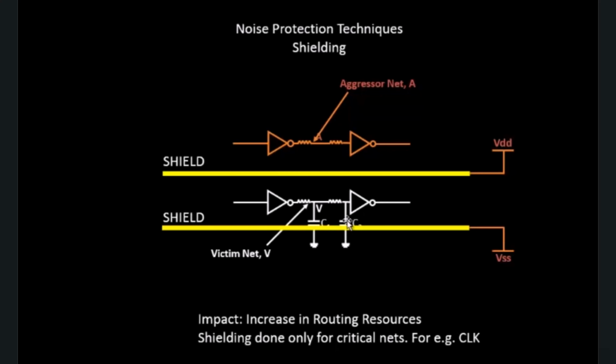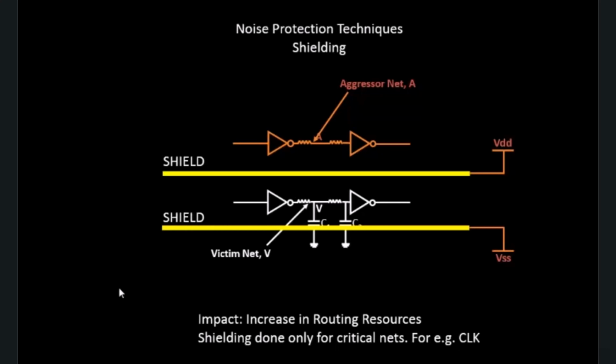This is one of the techniques to protect the handful of victim nets with shields, which we know are deeply impacted by crosstalk. So this is the way we pick up a handful of nets and shield them. There are other techniques as well which we'll talk about shortly, but this is one of the solid ways of fixing crosstalk or protecting the victims against the crosstalk nets.